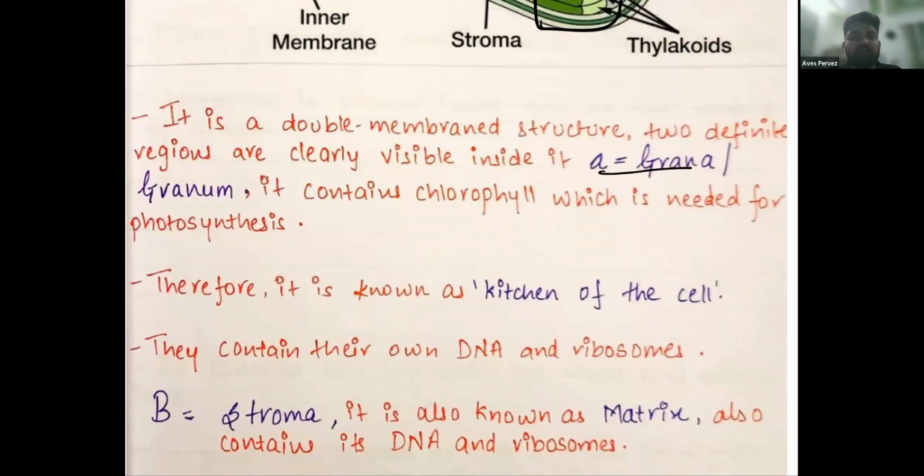One is grana, or we call it granum. Grana is plural and granum is singular. It contains chlorophyll, which is needed for photosynthesis. Therefore, it is known as the kitchen of the cell.